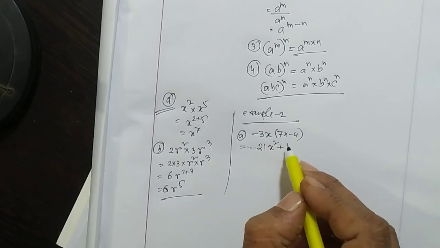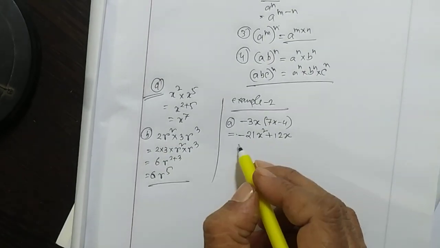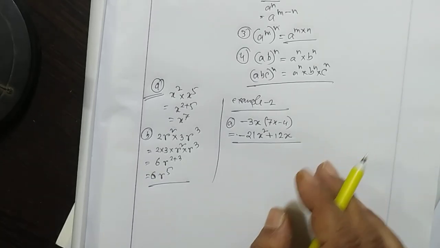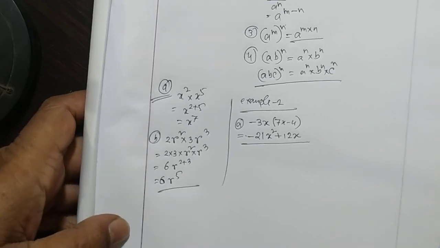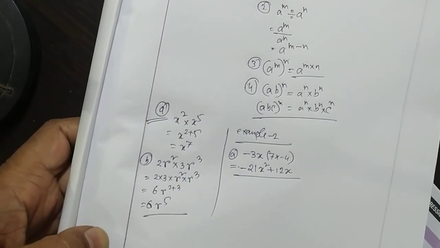So now 3 times 4, that is 12, and x. Yes, this is the expanded part, that is minus 21x square plus 12x. That is the answer. And now go to example 3.